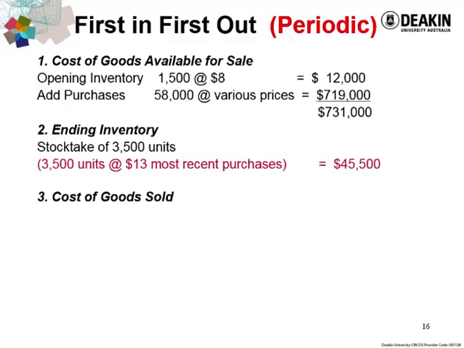Third, we calculate the cost of goods sold, which equals COGAS, 731K, minus closing inventory, 45.5K. That will give us 685.5K.